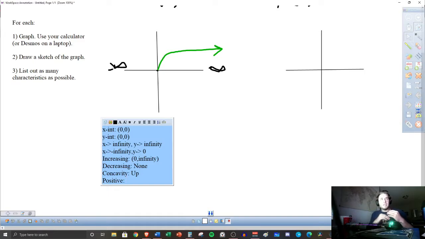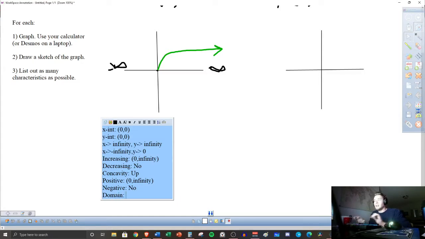This relates to if the graph is above or below the x-axis. Well, this graph is above the x-axis from 0 to infinity. Always, right? It's always going to be positive. Negative? No. I'm actually going to change this to no as well. Okay. A lot of characteristics here that we've learned and we're trying to reapply.